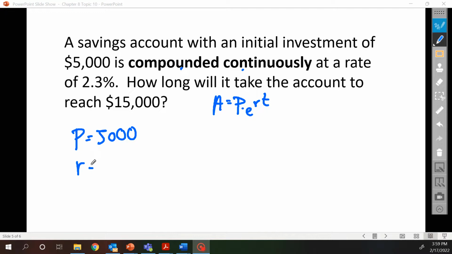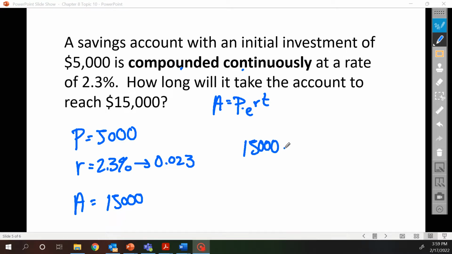We have our rate, which is 2.3%, converted to a decimal is 0.023. And we have our final amount, which is $15,000. Now, you'll notice this is a little bit different because they already give us our final amount. 15,000 equals 5,000 times e to the 0.023 times t power.